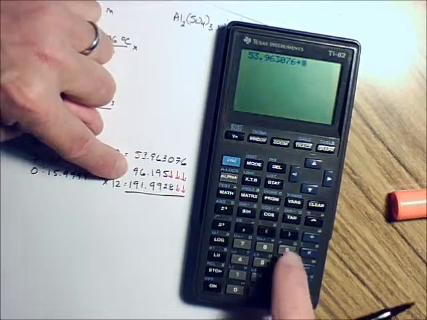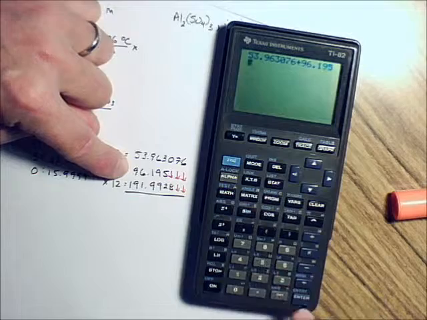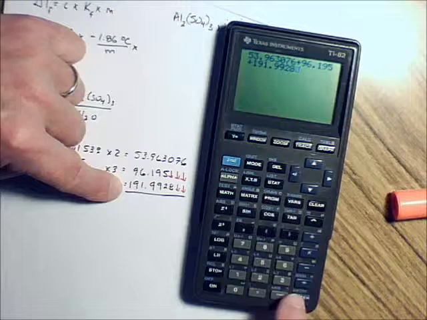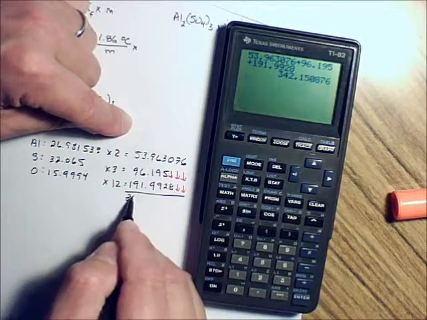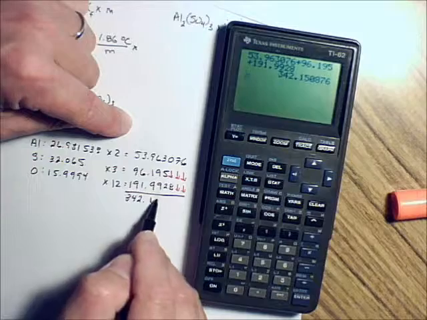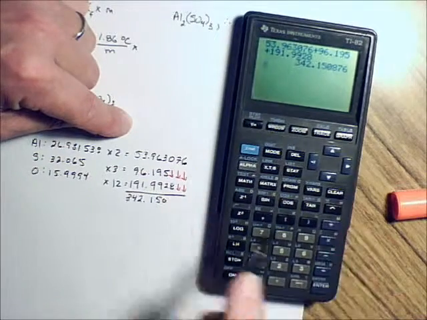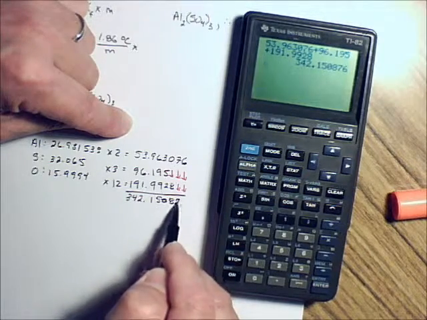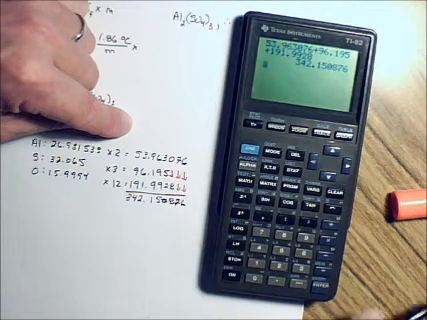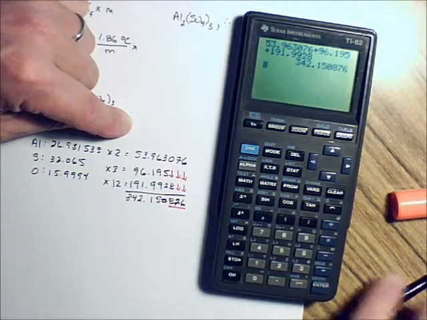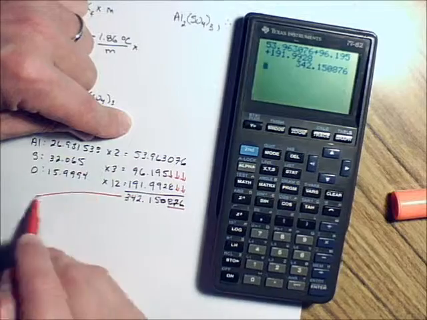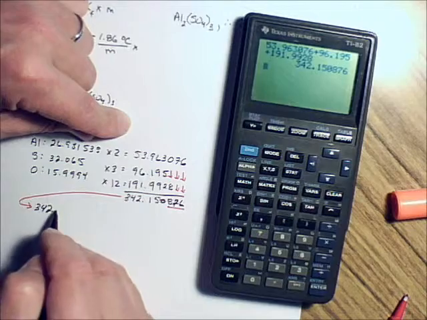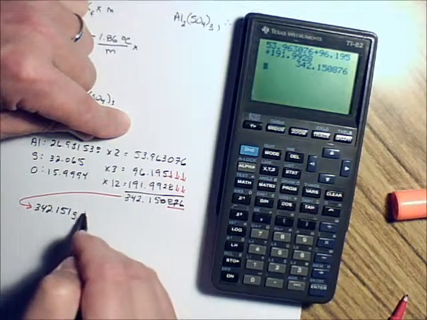Whoa, that's a big number. 342.15 equals, and then you have to round it off. We're going to round off to 3 digits. Round off as you go. It helps me remember.